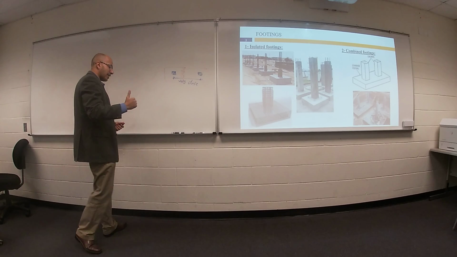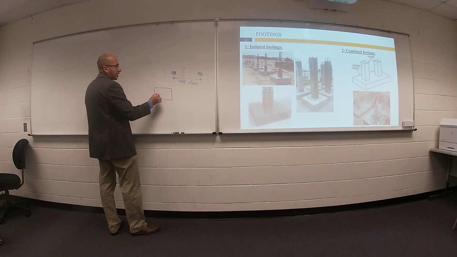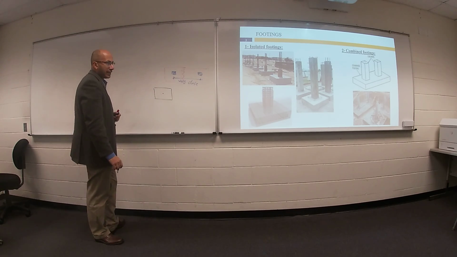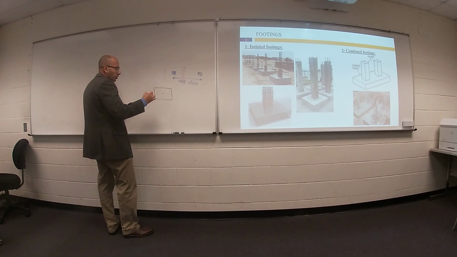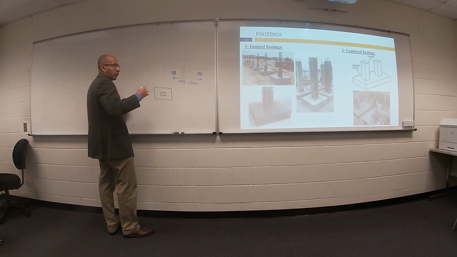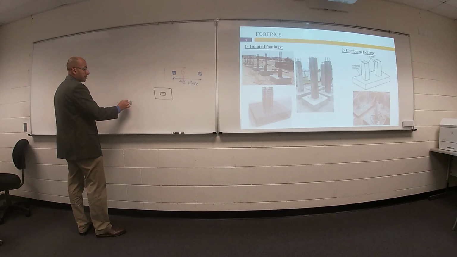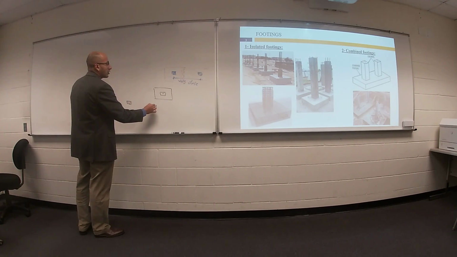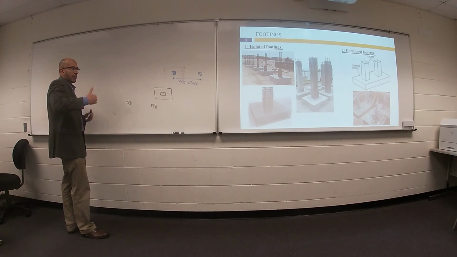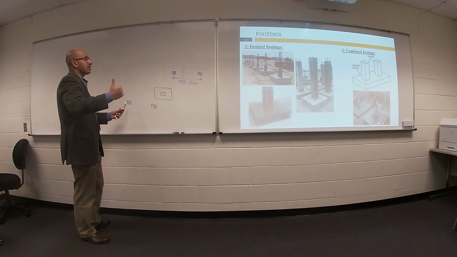As you remember, last time I told you the center line of your footing should be the center line of your column. So first, you locate your column in your architectural plan, then you design your floor, you design your column, then design foundation.